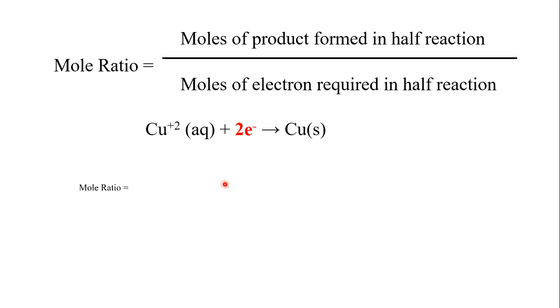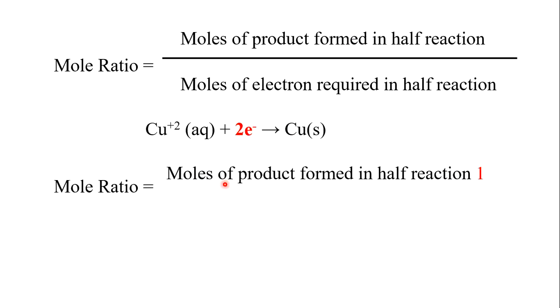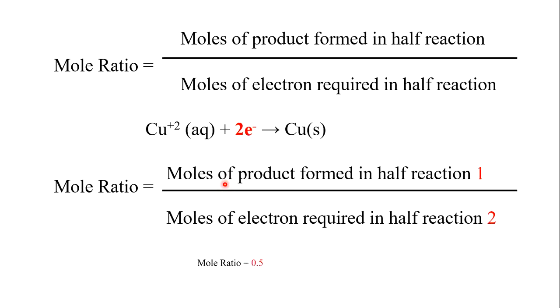So the mole ratio for this particular reaction is equal to half. Mole ratio is equal to 1 by 2, that means 0.5. So like this you can calculate the mole ratio from the stoichiometry of the half reaction.